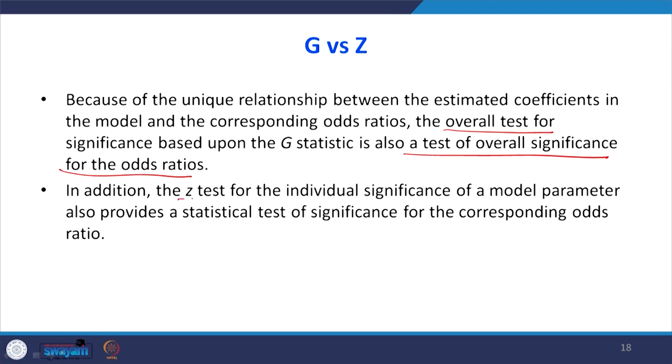But the Z test or the Wald test for the individual significance of model parameters also provides a statistical test of significance for the corresponding odds ratio. This is similar to the F test and the t test: G is similar to the F test, Z is similar to the t test.